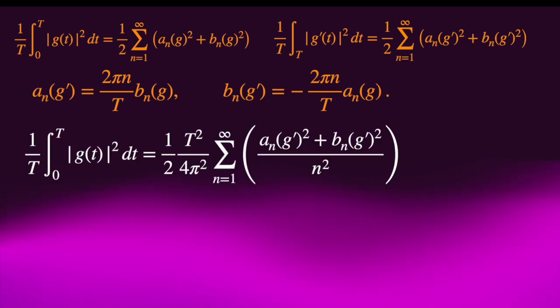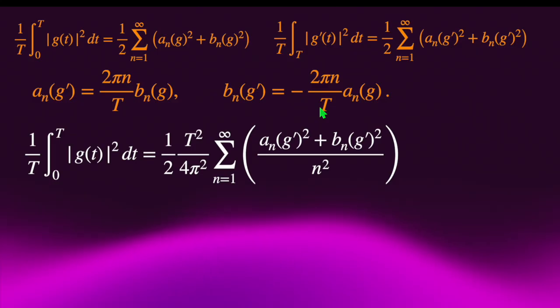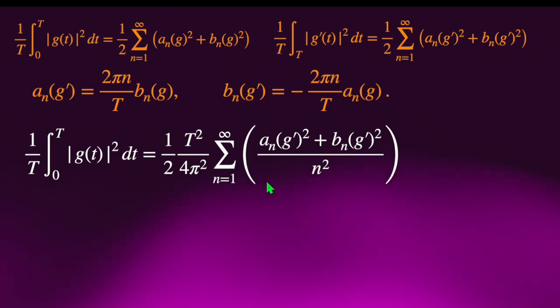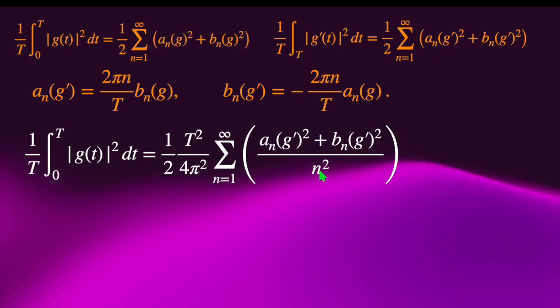And now we compute from this relation: a_n(g) is equal to minus b_n(g') times T over 2 pi n. So we get this relation from this one, and from this one we get this relation. And here we have almost the relation we want.